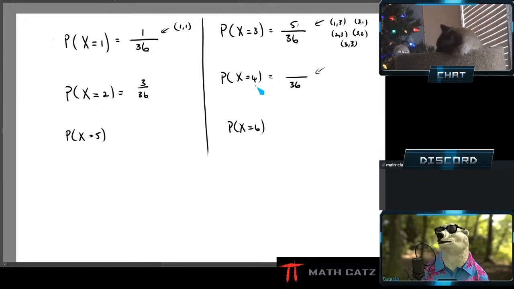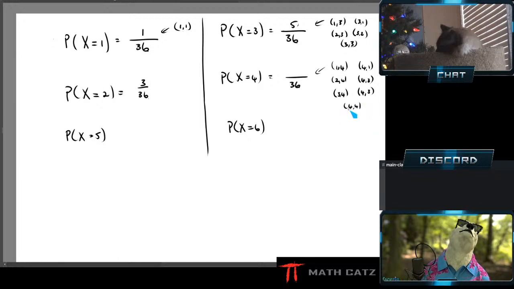So now X equal to 4 represents the event that the largest number is a 4. How can I get that? By counting pairs, because I need to count equally likely things. 1, 4 or 4, 1 would give me a 4. 2, 4 or 4, 2. And you see, just listing them is not hard. We won't do it for all of them once you see the pattern. So there's one exception for the double, and the others can be swapped to give me 7.